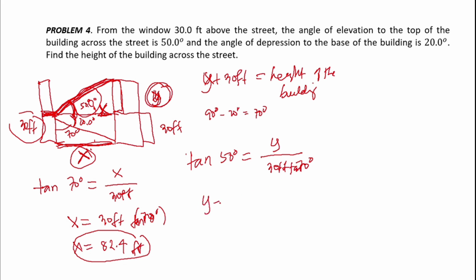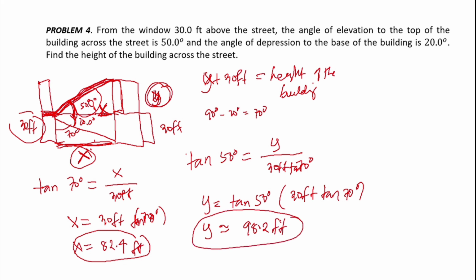So y is equal to tangent 50 degrees times 30 feet times tangent 70 degrees. If we compute that, it is approximately 98.2 feet.